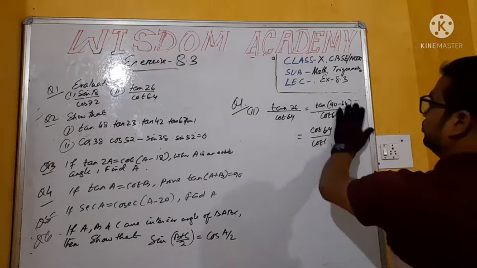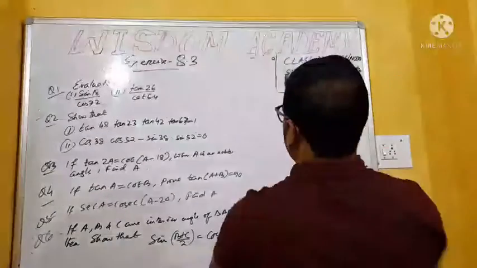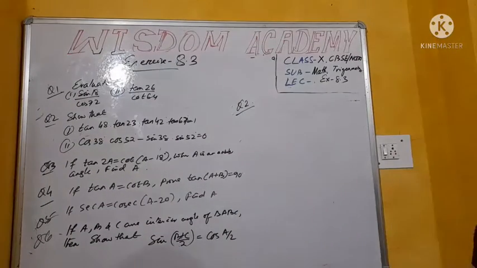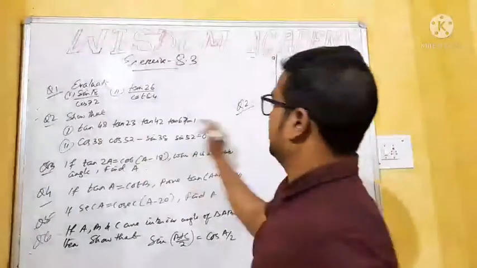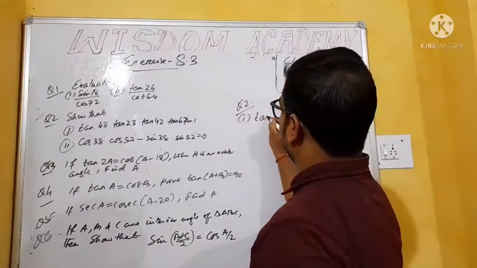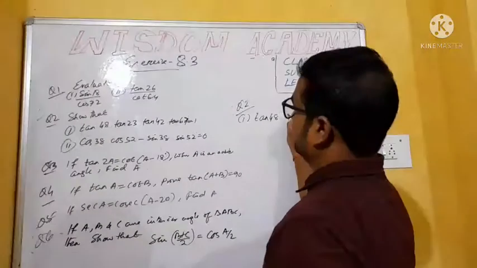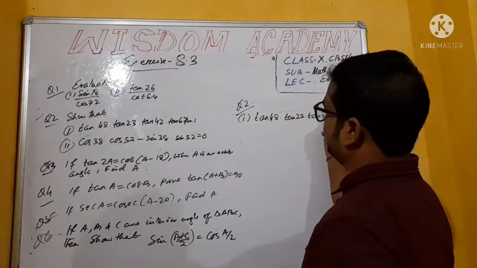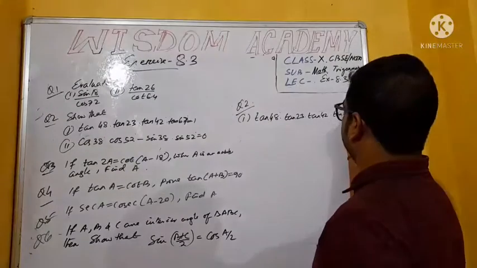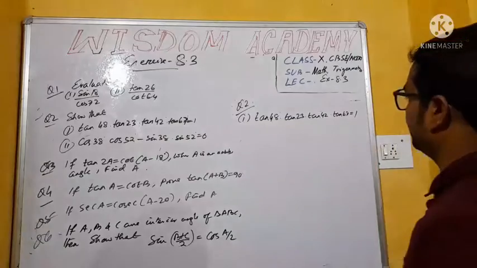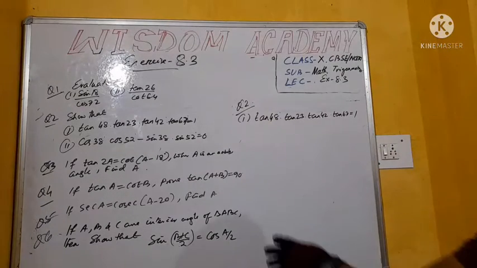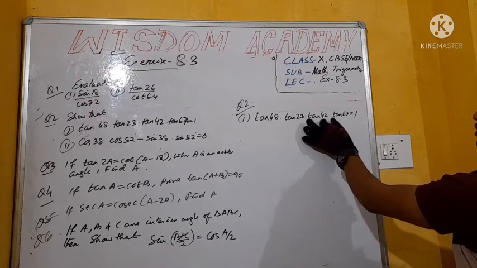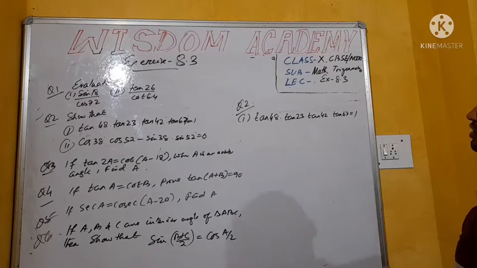Next, question 2. Question 2 asks to prove that tan 48 into tan 23 into tan 42 into tan 67 is 1.